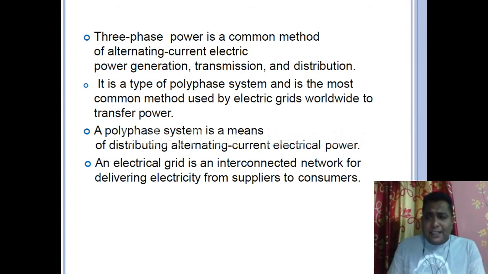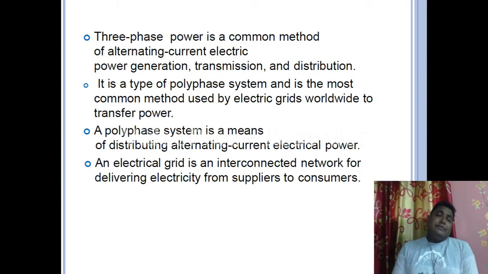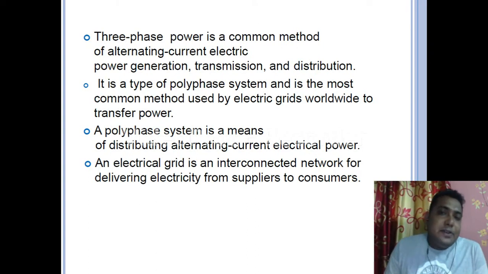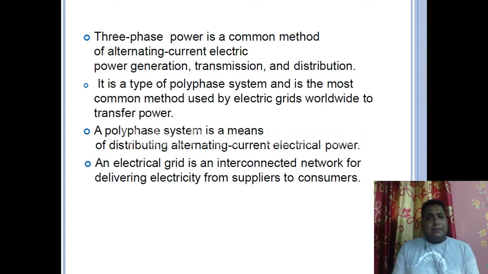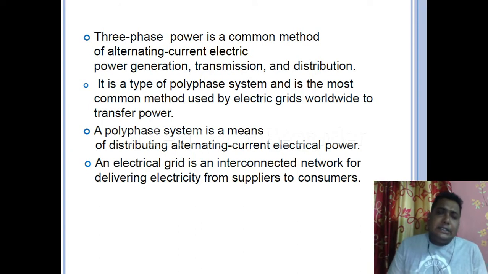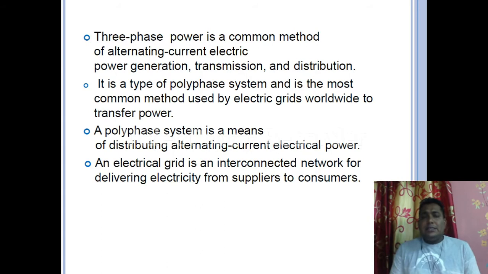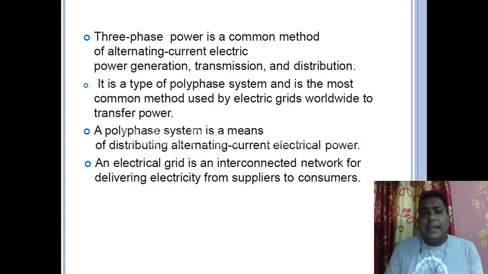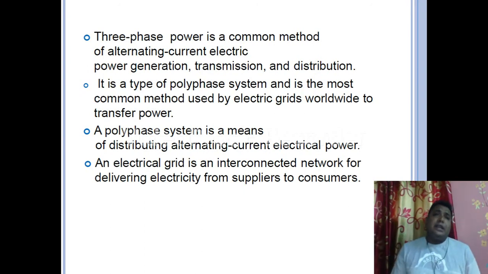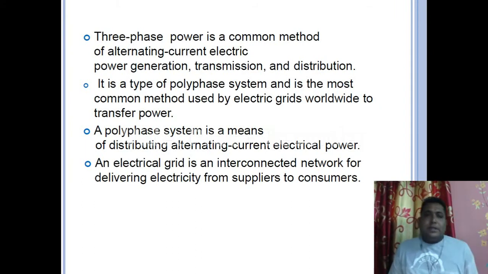Now the term electrical grid. What is an electrical grid actually? A grid is a system where all the generating stations and power transmission lines are connected. A grid system is like a power pool where all different generating stations and transmission lines are connected, and if there is any electrical emergency in some state or area, the electricity department can buy energy from there and give us that energy.